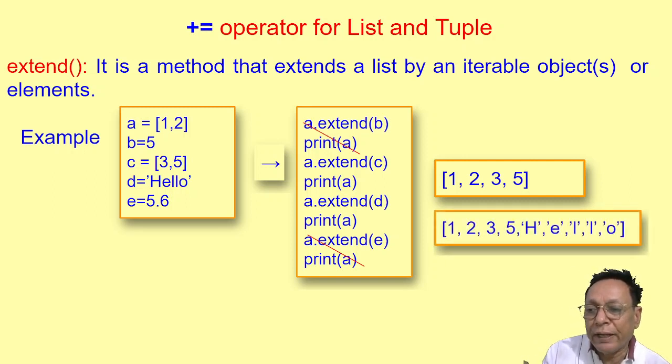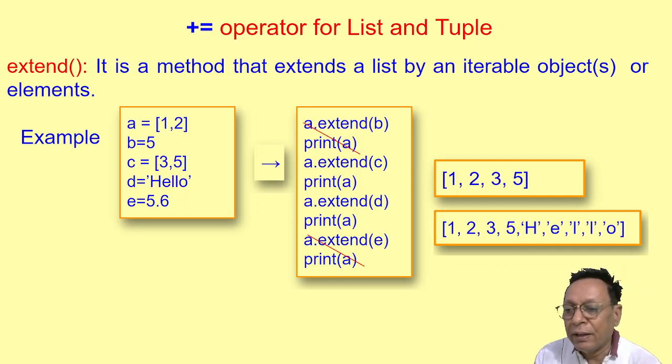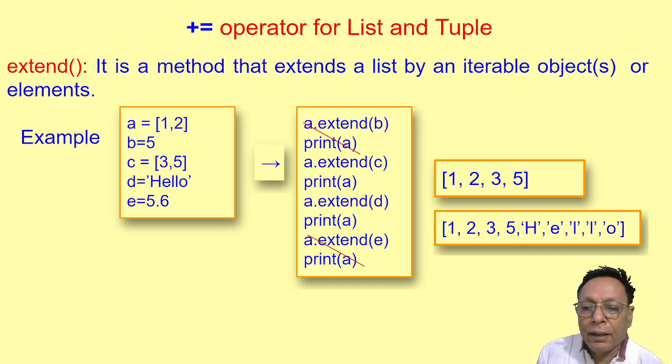The previous extended list was [1, 2, 3, 5], and when you extend it by hello, the result will be [1, 2, 3, 5, 'h', 'e', 'l', 'l', 'o']. In the end, when you extend by adding the value 5.6, which is a float, A.extend will give you an error since it is not iterable.